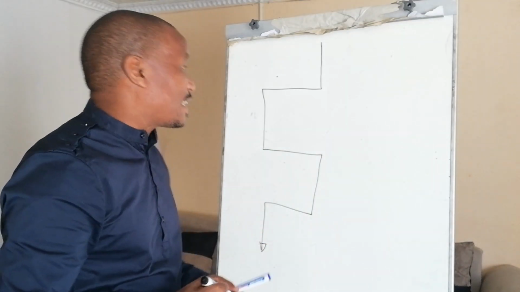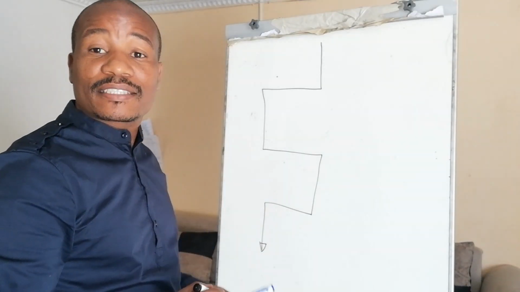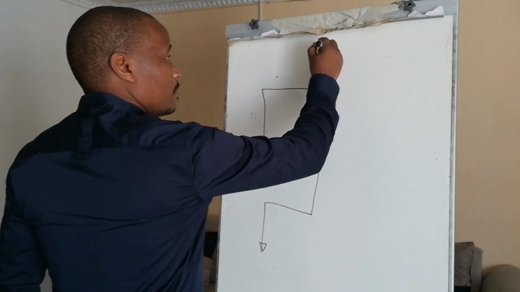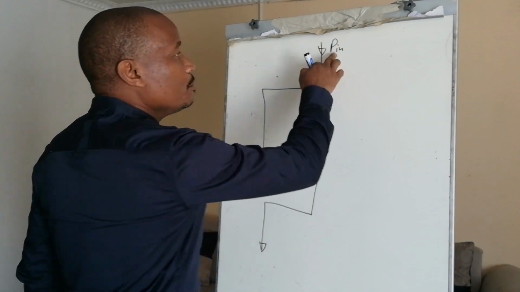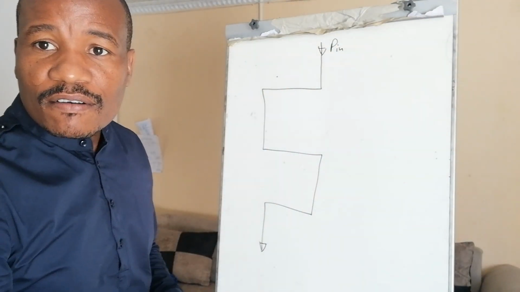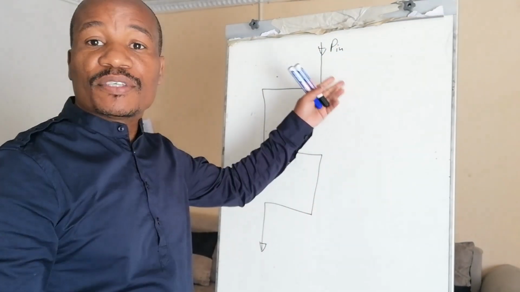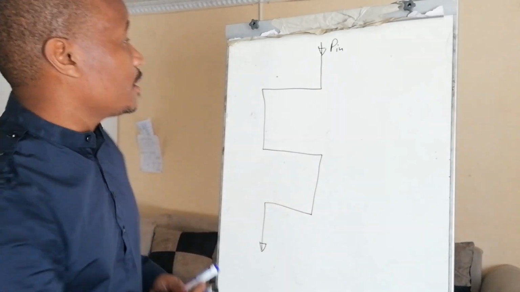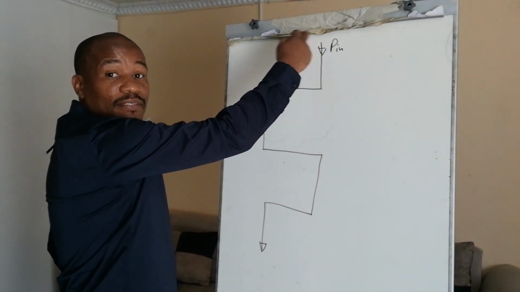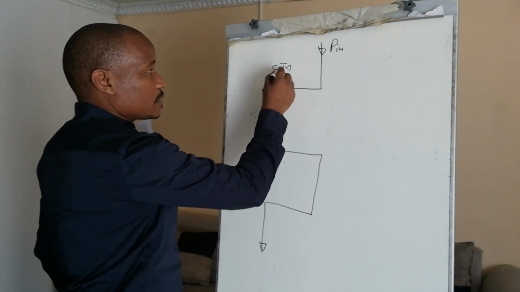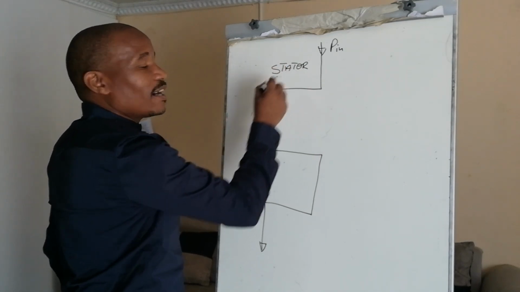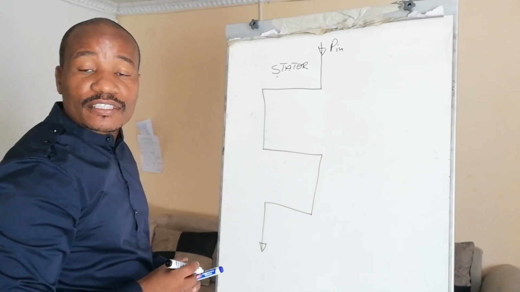Basically, this is the power stage diagram. This is the input power from the grid, maybe supplying a load. And then this power arrives at what is called the stator of an induction motor.